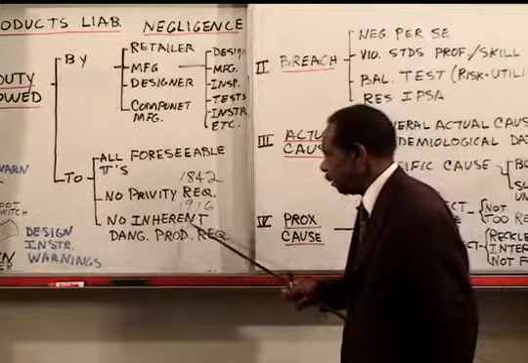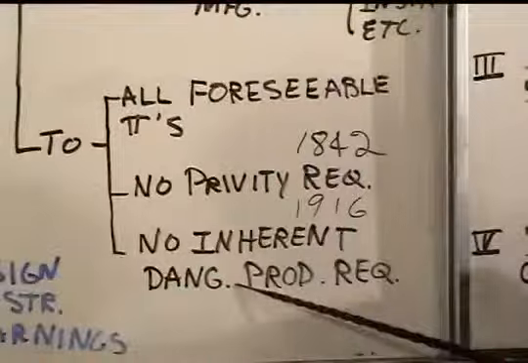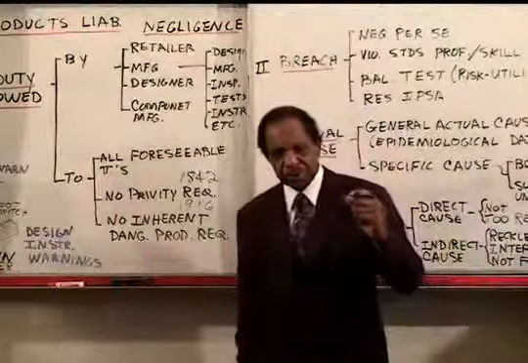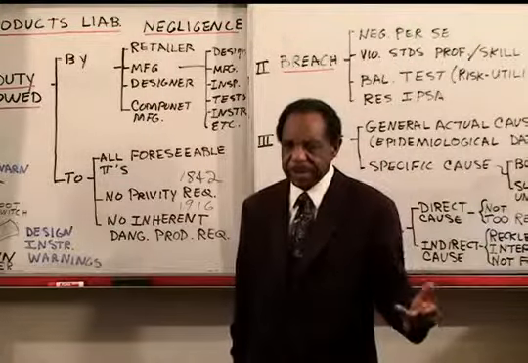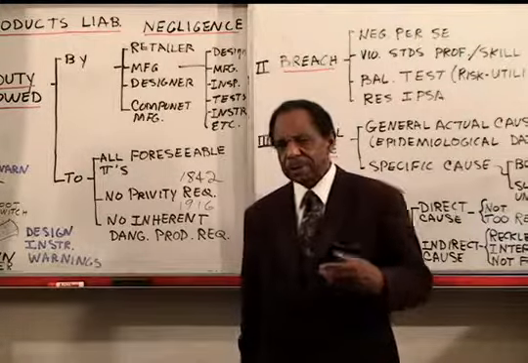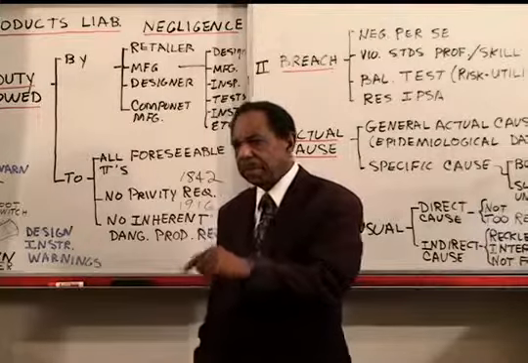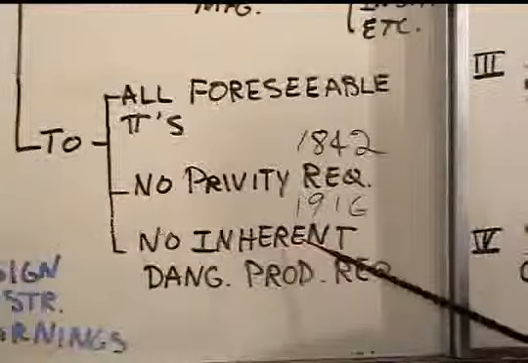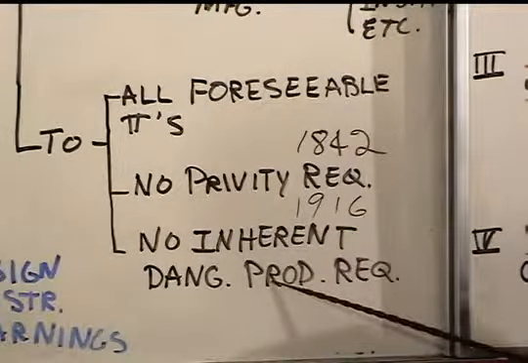Things like defective guns. There was a dynamite stick where the fuse was shorter than it should have been. The person lit the dynamite and it blew up early and they got hurt. Well, dynamite's an inherently dangerous product, and the court said you don't have to just sue the retailer you bought the dynamite from. You can sue the manufacturer of the dynamite. So inherently dangerous products came along first and said you don't need privity in these cases.